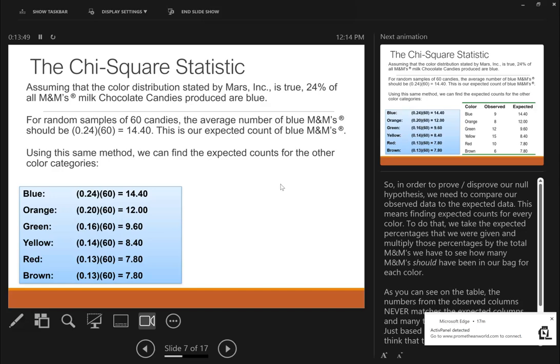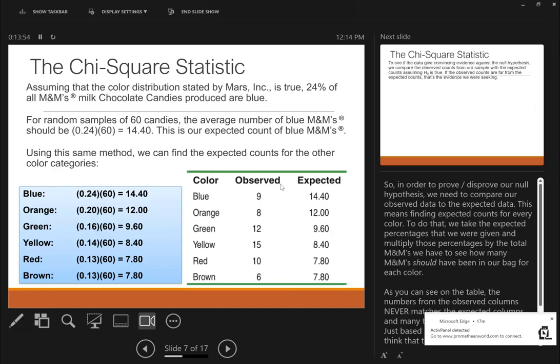So if I do that for each of the 6 categories, these are my expected counts. And then if I collect that into a table with my observed counts, how does it look? How different do those look? That's basically the question. I don't know, they look kind of different. Are they different enough to say that they actually come from a different distribution of colors? I don't know. They look a little different. Are they different enough?